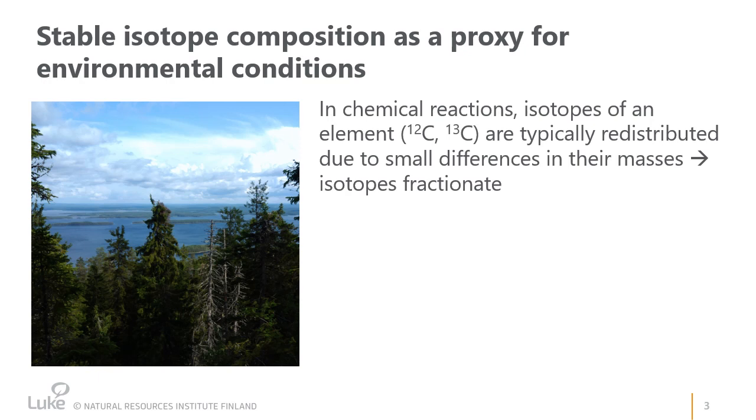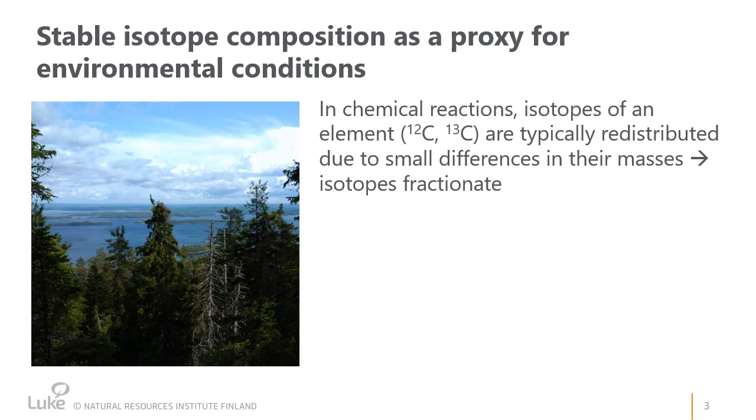Because there is a small difference in the masses of the isotopes, for example between carbon-13 and carbon-12, there is a tendency of these isotopes to redistribute in, for example, chemical reactions. So basically what we would observe is a shift in the carbon-13 to carbon-12 ratio. And we call this redistribution fractionation.